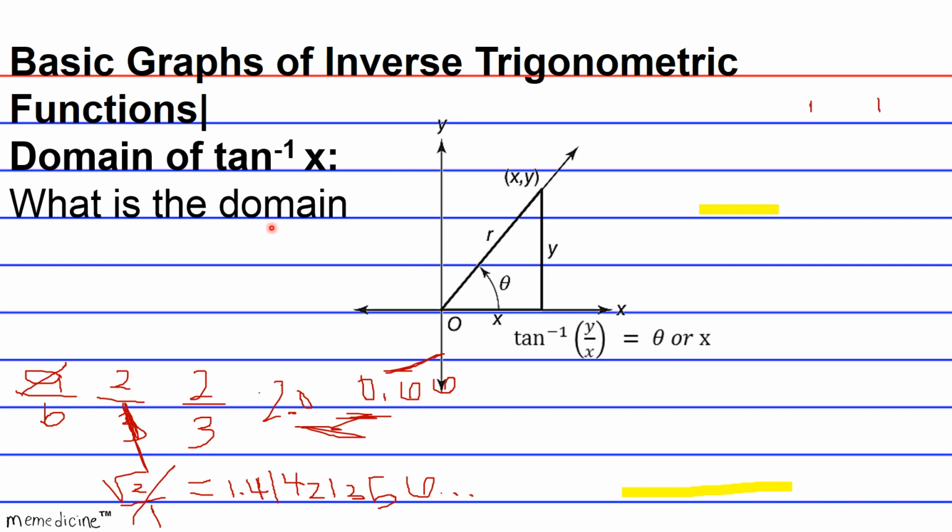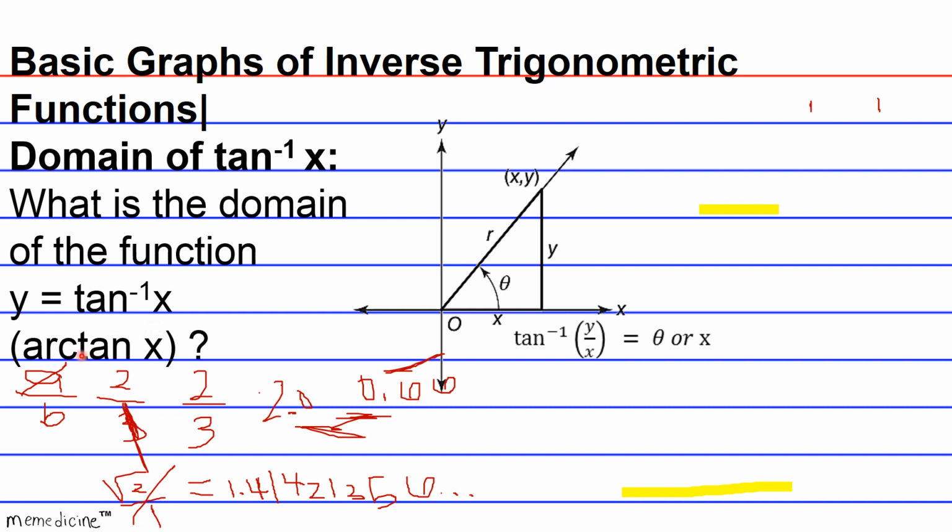What is the domain? And when I say domain, again, I mean the domain of the function is the set of all possible independent variables, usually x, of the function y equals the inverse tangent of x, sometimes called the arctan of x. And I have the a here lowercase for a specific reason. So definitely press pause if you need to and take a moment to think.